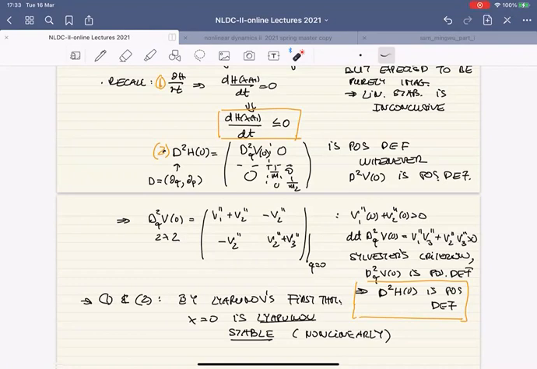So it doesn't matter in what dimension you are, you automatically have nonlinear stability for the origin. Again, this is very rare. When you have an autonomous Hamiltonian system, you automatically have a Lyapunov function in these situations.